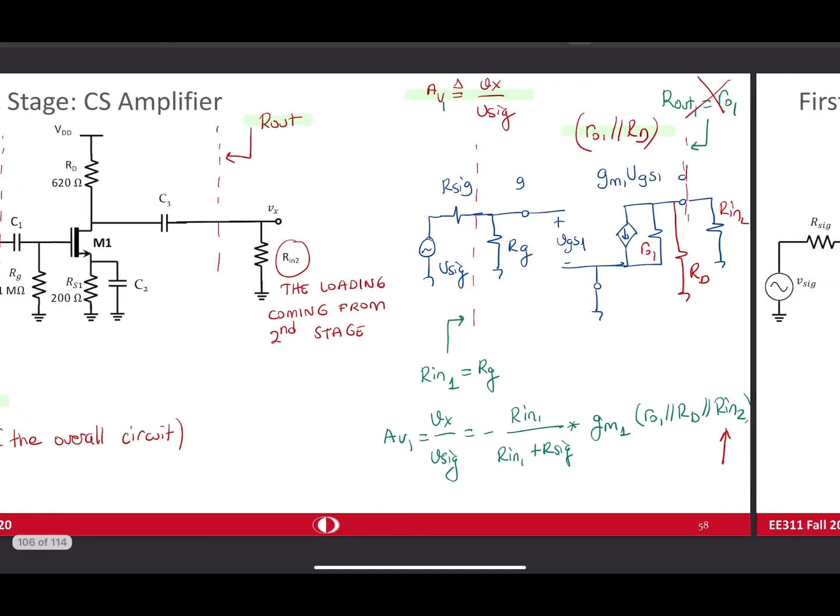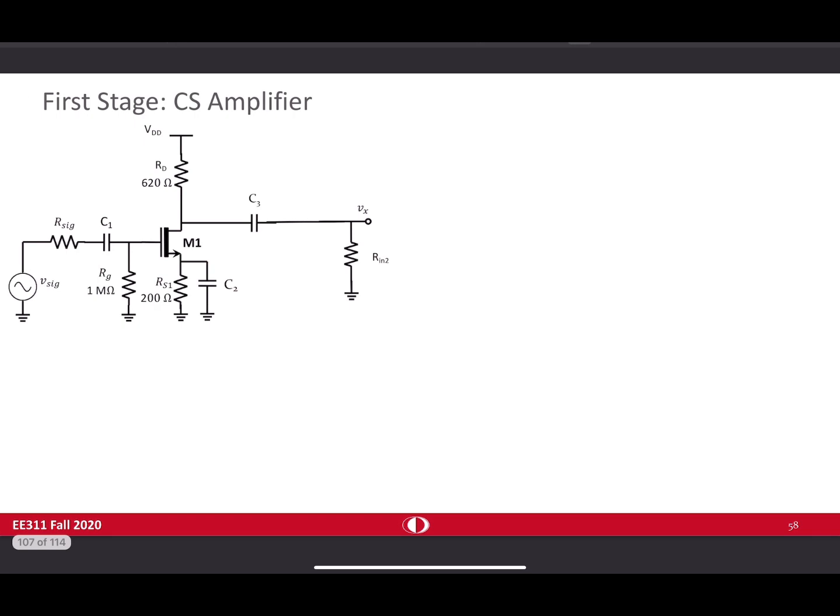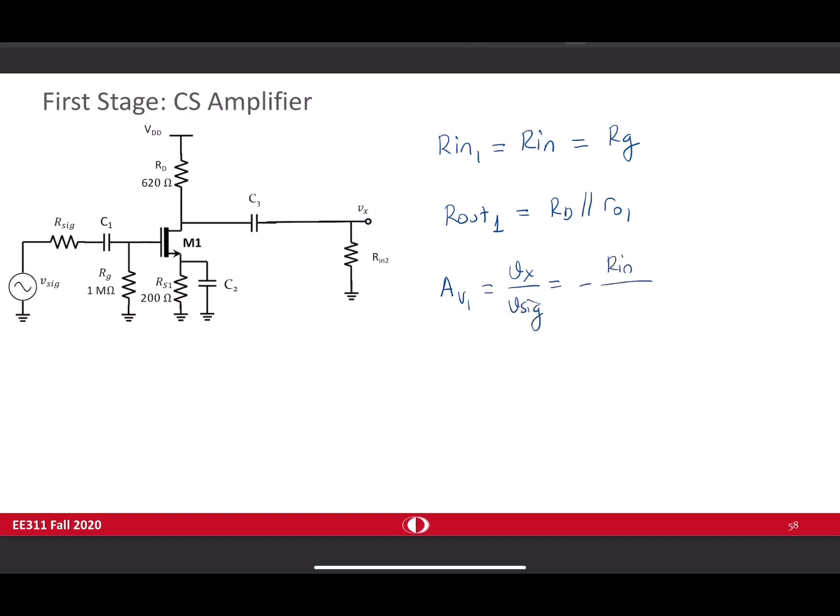So let's take a look at the second stage. For the first stage, let's repeat the outcomes. Rin1, Rin of the overall circuit, Rg, Rout1, Rd in parallel with Rout1, AV1, Vx divided by V signal is minus Rin divided by Rin plus R signal times Gm1 times Ro1 in parallel with Rd in parallel with Rin2.